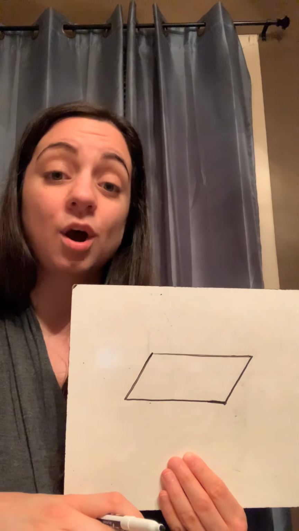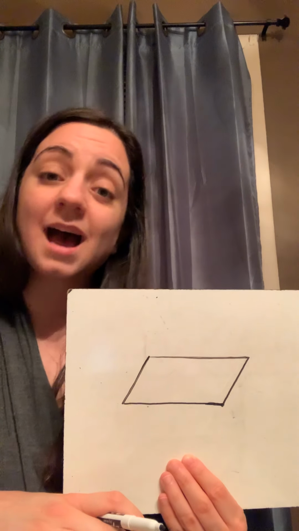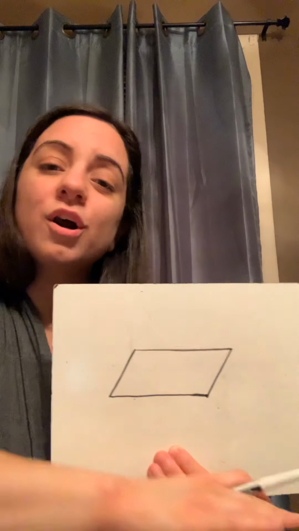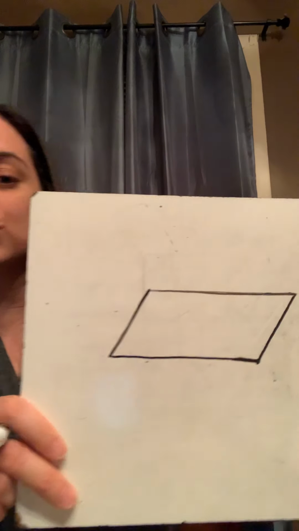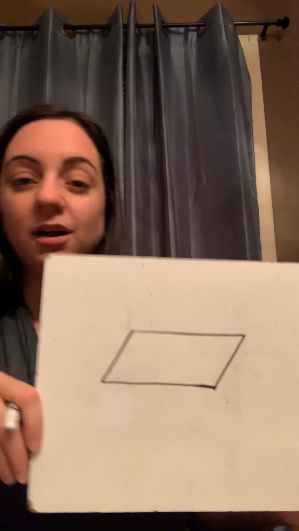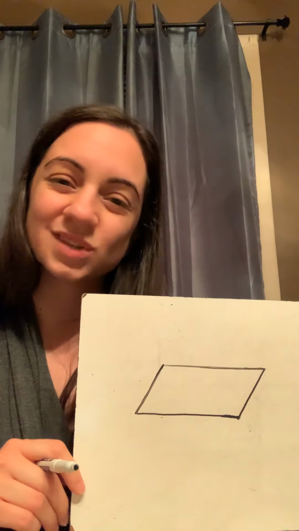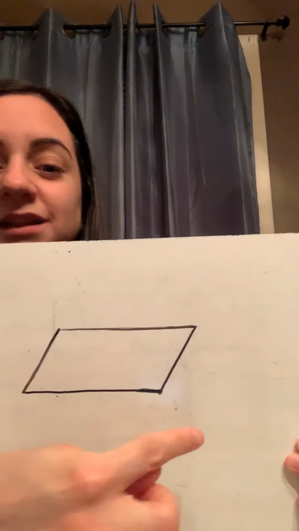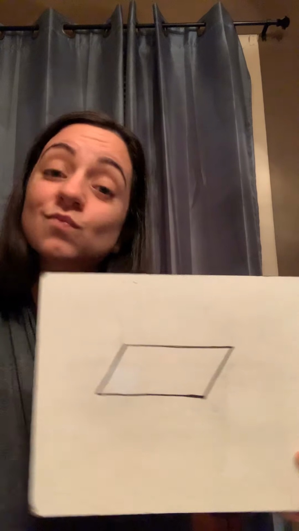They're straight. Are they open or closed? They're closed. How many corners does it have? Yes, 4. Are the corners right angles? Do they look like the letter L or a backwards letter L or an upside down letter L? What do you think? They don't, right? This one looks squished and this one looks really big. This isn't a rectangle. You were right. It can't be because those angles are not right angles. Goodness gracious, excellent.